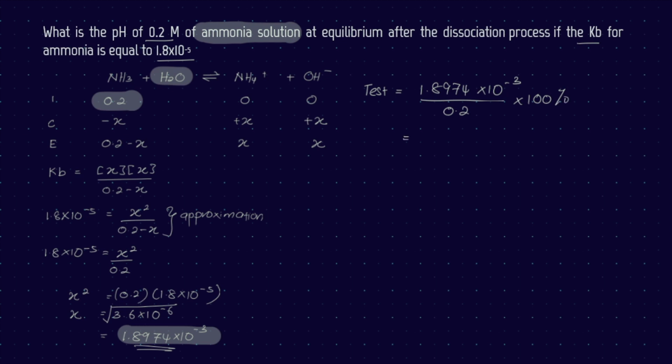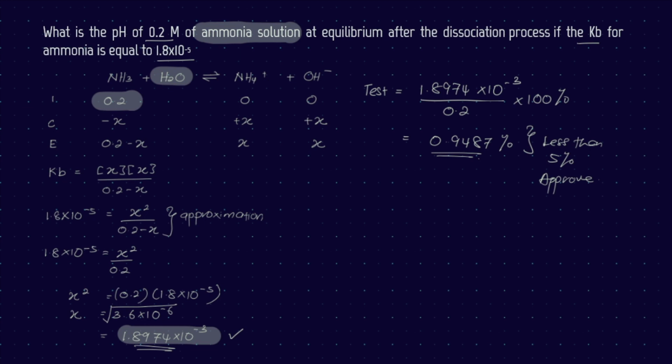So you should get 0.9487%. This is less than 5%. Therefore, we consider that the value of x that we get is okay. It means that we can use this value of x as is.